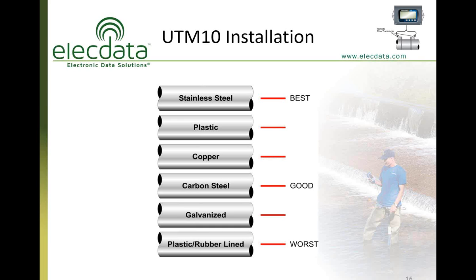Under plastic, that includes PVC, HDPE. Carbon steel is good, galvanized pipe is good. What you don't want to install it to, or the worst potential for success, are plastic and rubber lined pipes, and of course concrete pipes are not good, as well as corrugated metal pipes.